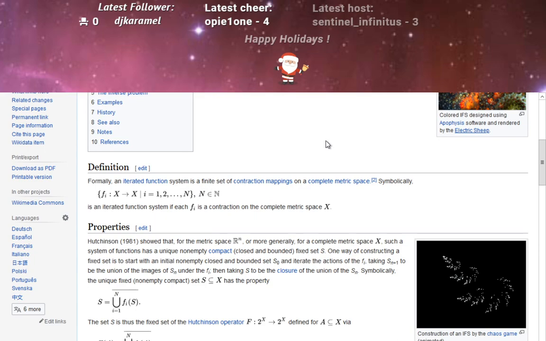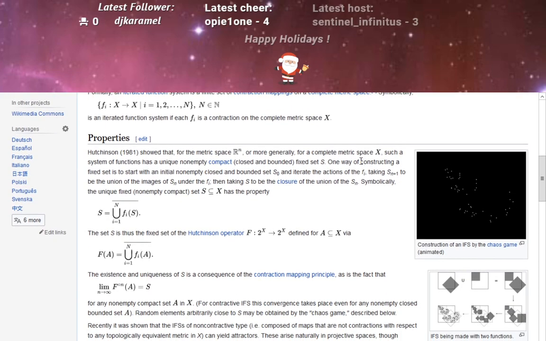An iterated function system is a finite set of contraction mappings in a complete metric space. As you can see in the right-hand corner here.